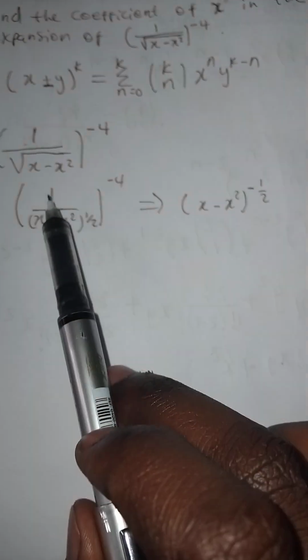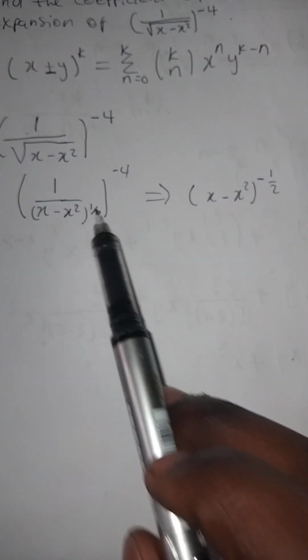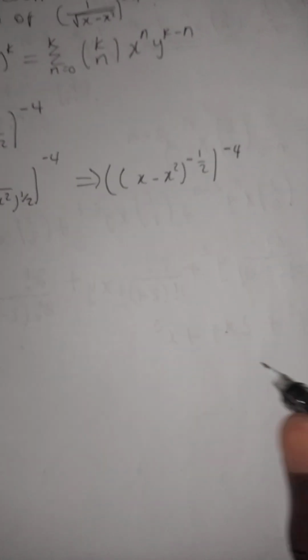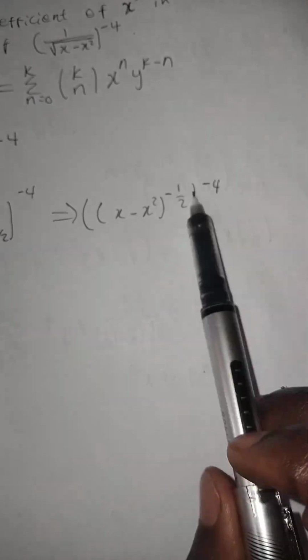So x minus x squared to the power minus half is the same as 1 all over x minus x squared to the power half, right? So everything must be to the power negative 4. So I can multiply these two powers.